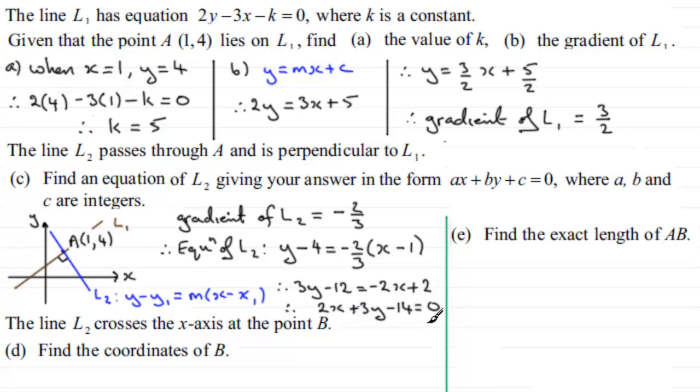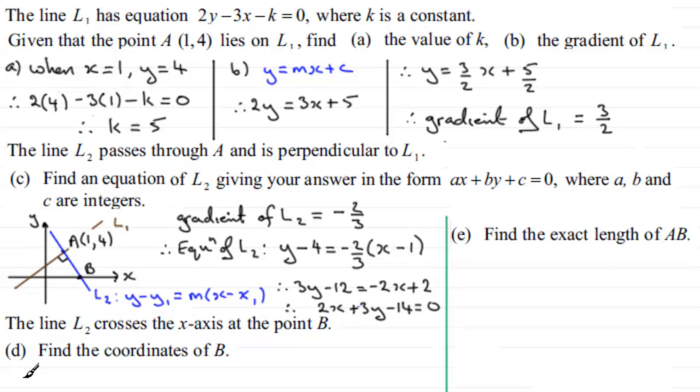Now for the next bit, we're told the line L2 crosses the x-axis at the point B. So that's got to be this point here, the point B. And we've got to find the coordinates then of point B. Well, we've got the equation of L2, and we know that at B the y coordinate is 0. So all we've got to do is just substitute y equals 0 in here.